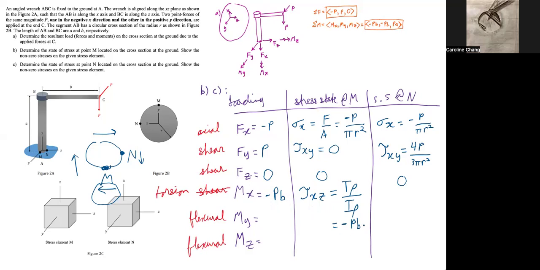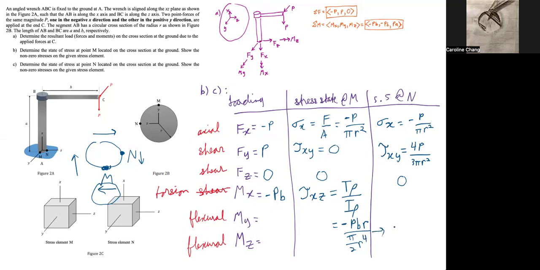So negative Pb times rho, which is R, as we mentioned earlier, the radius of the cross-sectional area, over pi over 2 R to the power of 4.